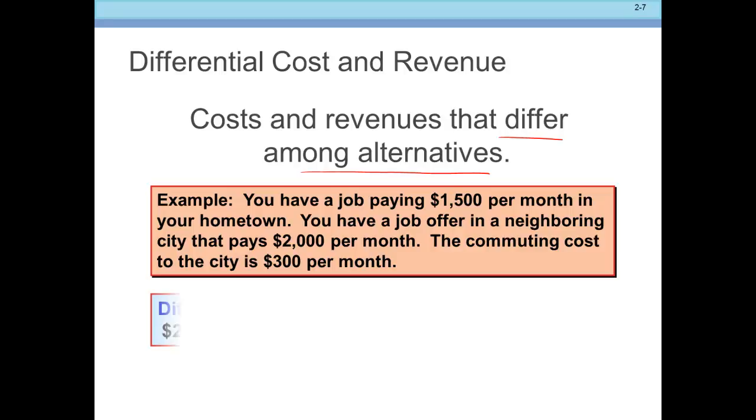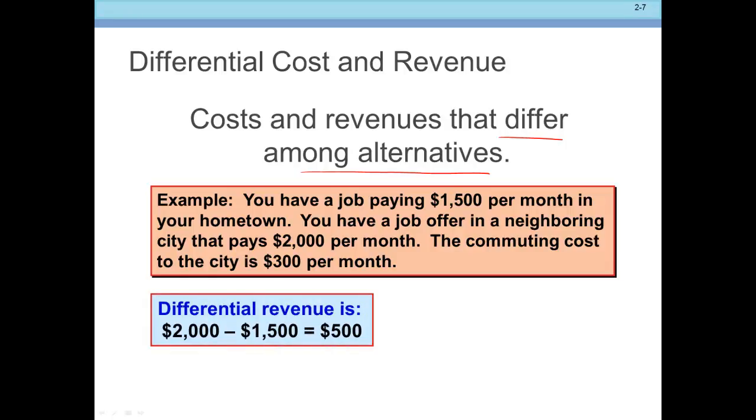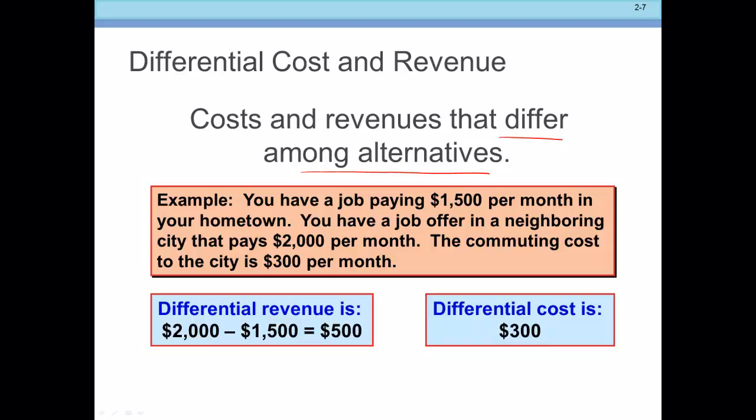I think the differential revenue is $2,000 minus $1,500 or $500. And the differential cost is $300.